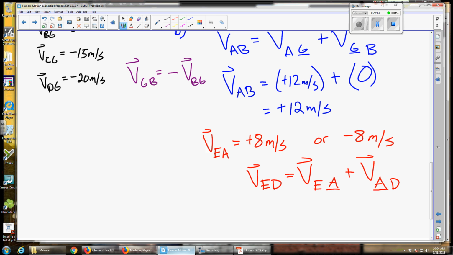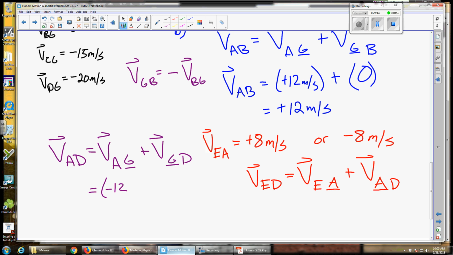So I better do a little aside over here and figure out the velocity of A with respect to D. I can do the velocity of A with respect to something plus the velocity of something with respect to D. I know A to the ground, and I can find out the ground to D. So the velocity of A to the ground was what, negative 12?